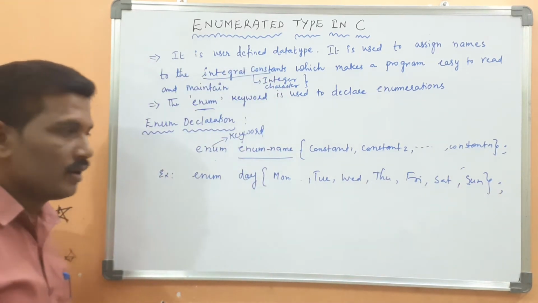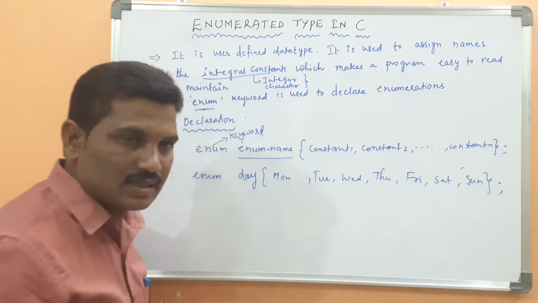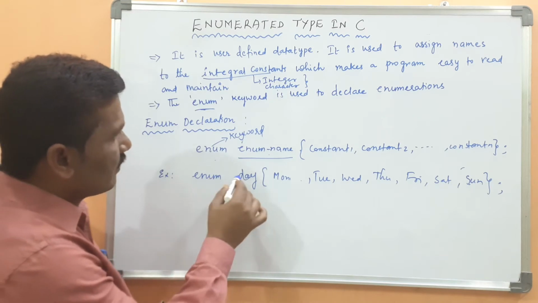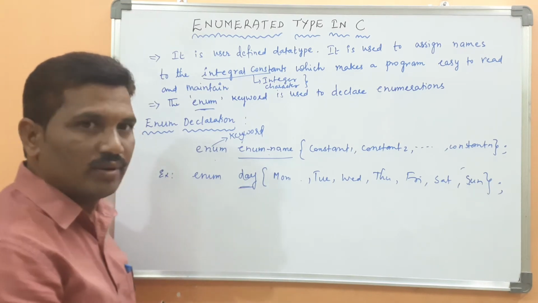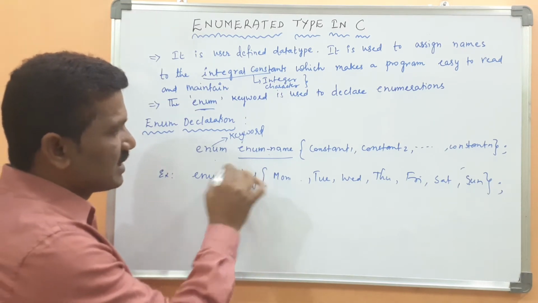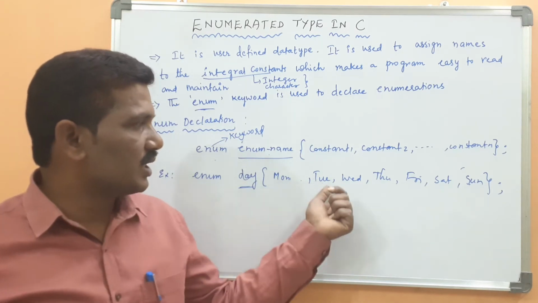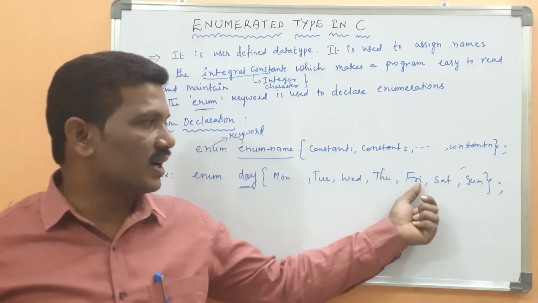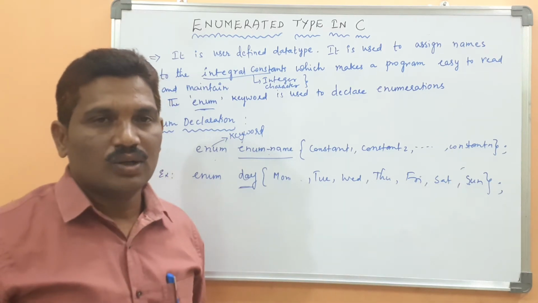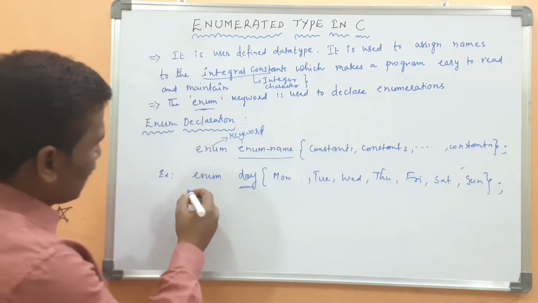Here, these are called constants. Here it is a keyword. What is the enum name we are giving here? The name of the enum is day. Then what are the constants we declared here? Monday, Tuesday, Wednesday, Thursday, Friday, Saturday, Sunday. Then suppose another example.